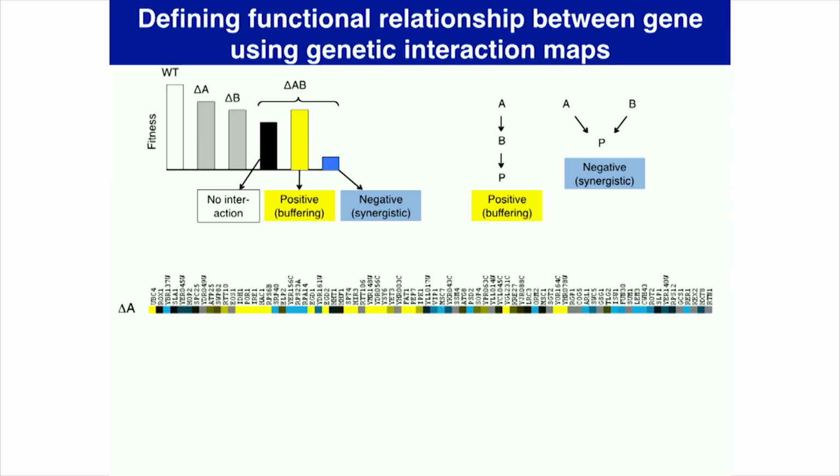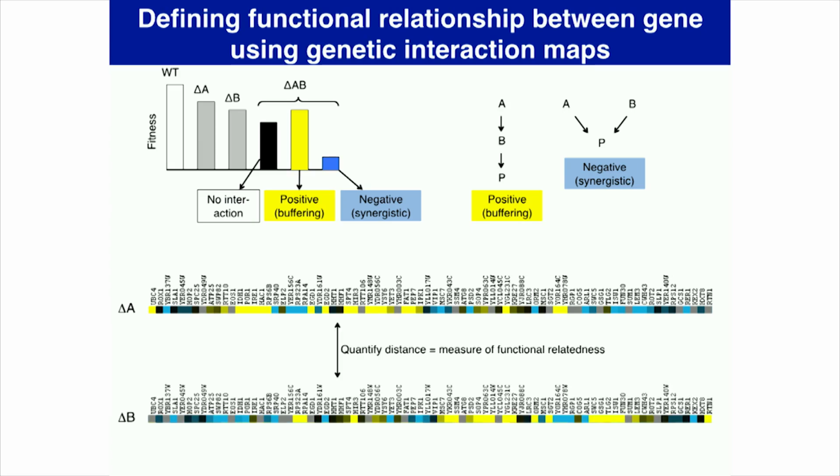Even if we knew nothing about what A did or why it was buffering with UBC4 or synthetic with RPA14, we could take this pattern and compare it to other genes and ask, do these patterns look the same? In this case they're quite different, and you can quantify the difference between these patterns of genetic interactions. That would tell you, with a high degree of resolution, what the consequence of losing these two genes was.